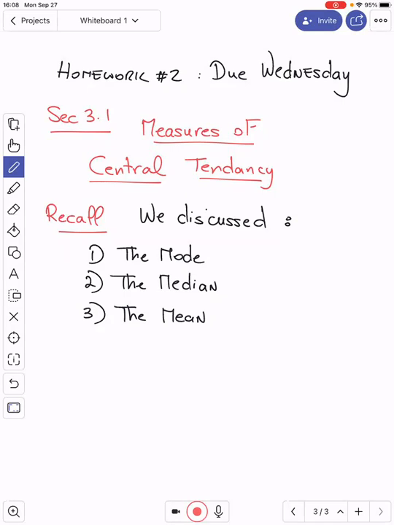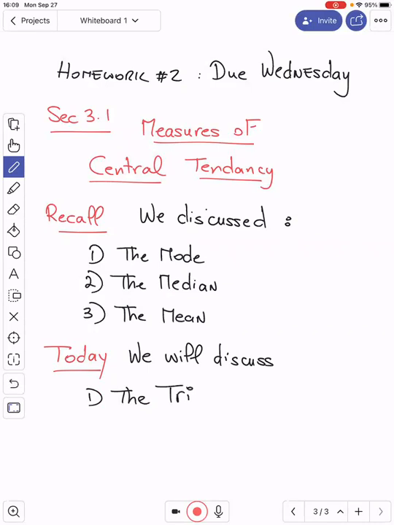So today we're going to discuss first the trimmed mean, and number two, the weighted average.